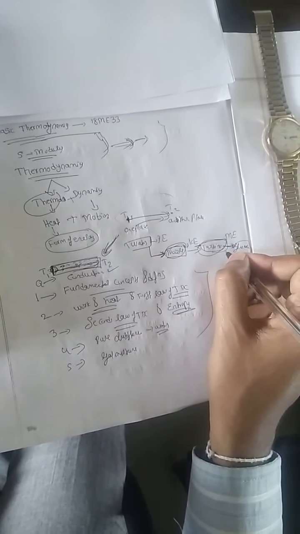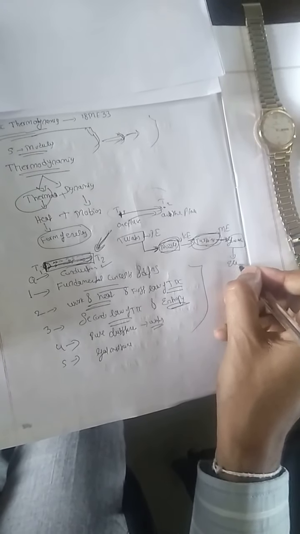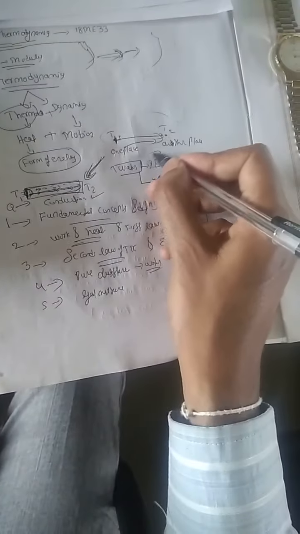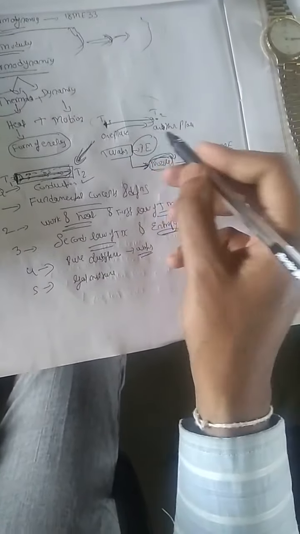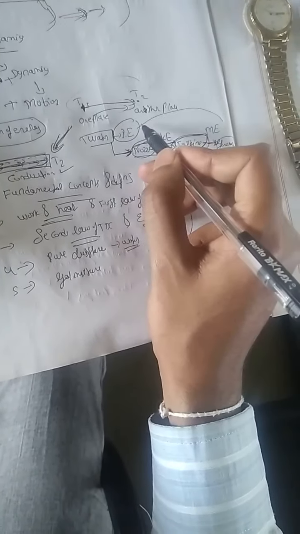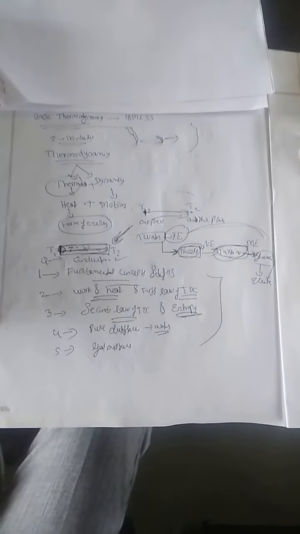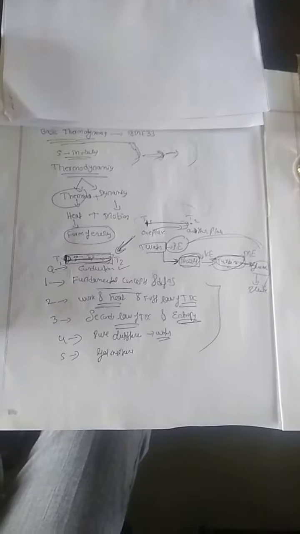Once the turbine rotates, finally you get electricity through the generator. Here heat is a form of energy and it moves from one place to another, meaning it converts from one form to another. Here water energy is converted into electrical energy. In general, I hope this is clear.